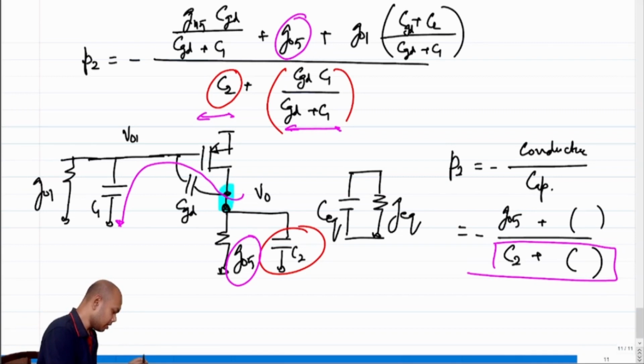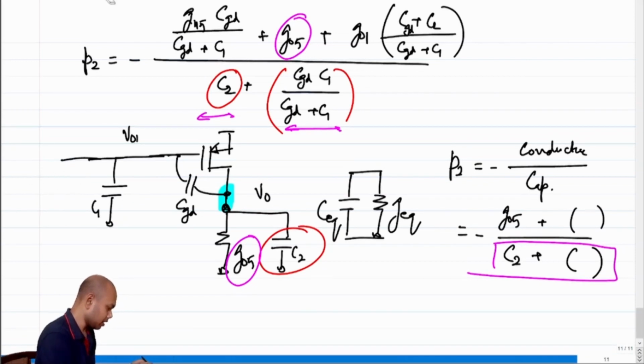So for the time being, let's ignore this G01, okay? And let's try to figure out the impedance of this node looking in. If I apply a V test here, what voltage will appear here?